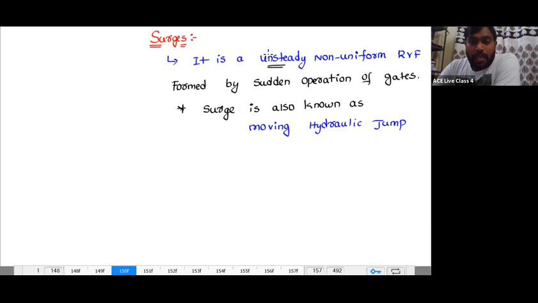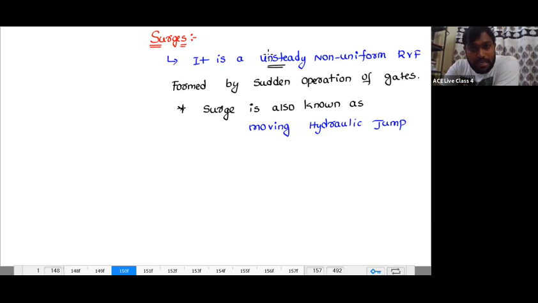Unsteady. Now, the equations I mentioned earlier, conservation of mass, continuity, conservation of energy, Bernoulli's, and conservation of momentum, the linear momentum principle, all those three principles are for steady flow. They are not for unsteady flow.